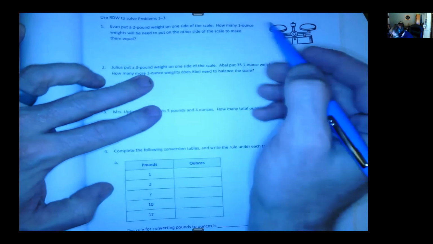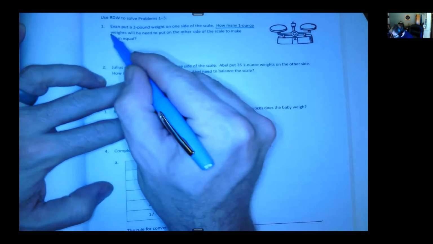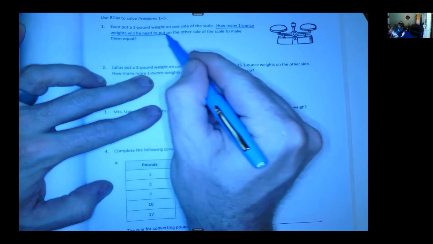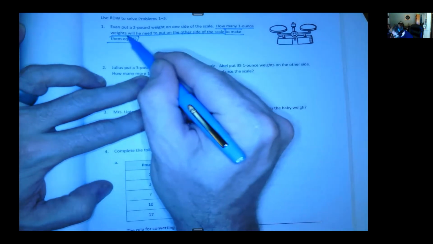How many 1-ounce weights will he need to put on the other side of the scale to make them equal?